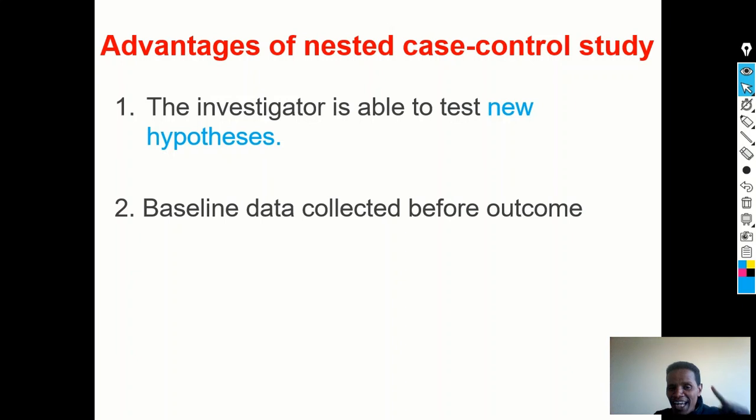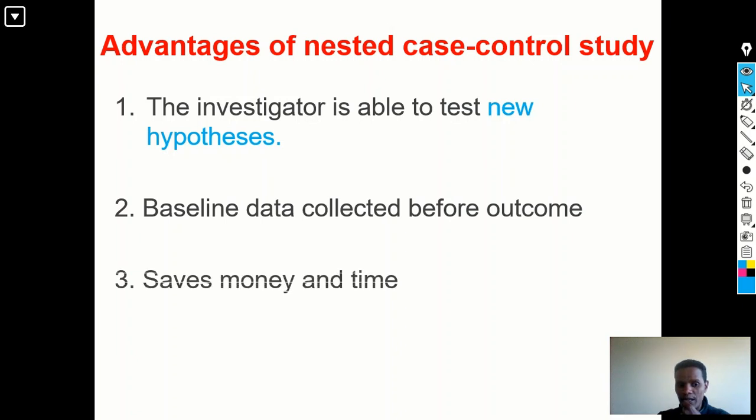The baseline data is collected before the outcome is known, which is the advantage of follow-up studies. And it saves money and time, which is the advantage of a case control study design.